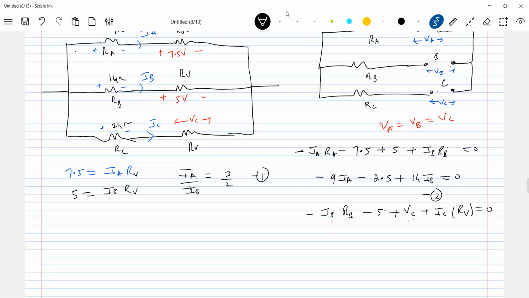So one more thing we can write: VC is equal to IC into RV. Substitute the RV value here. RV is 1, sir. IB is 5 amperes, IA is 15 by 2 amperes.